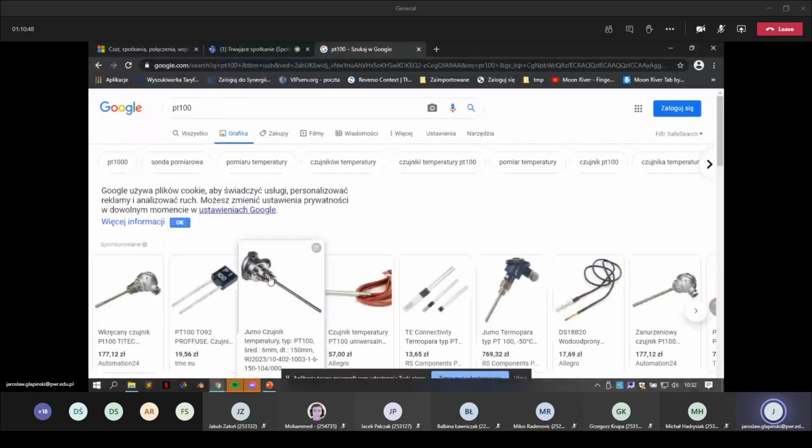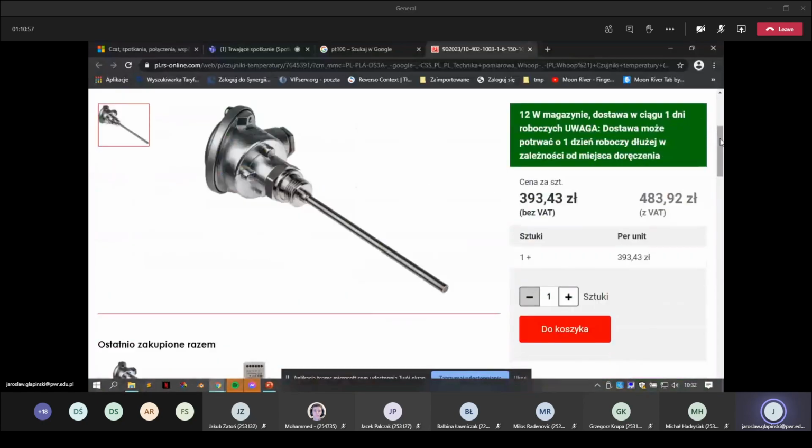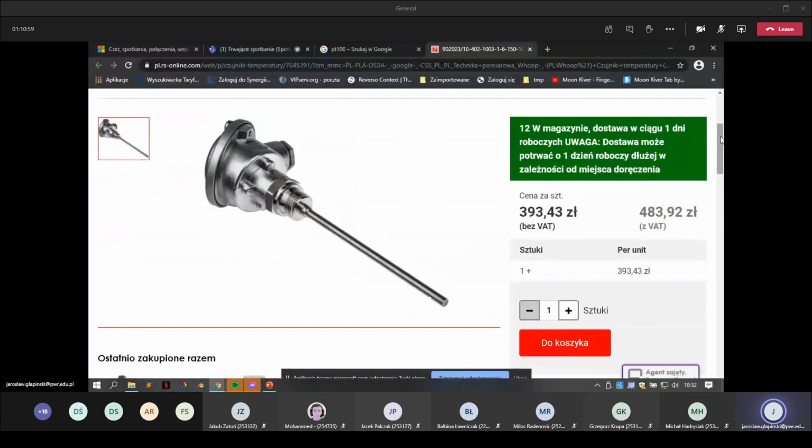This is a typical solution for the PT100 element. So it's longer, but it has, as I said, very good temperature measurements.